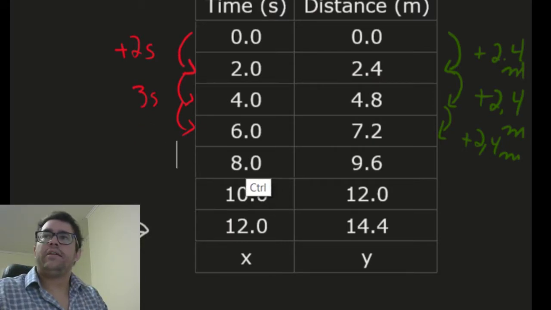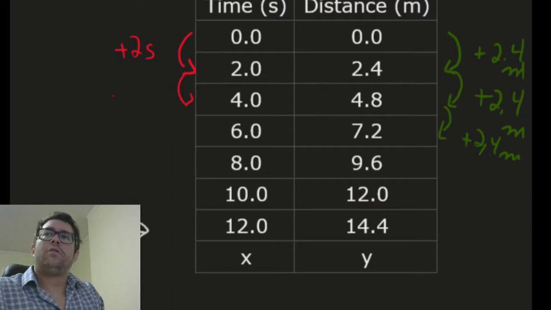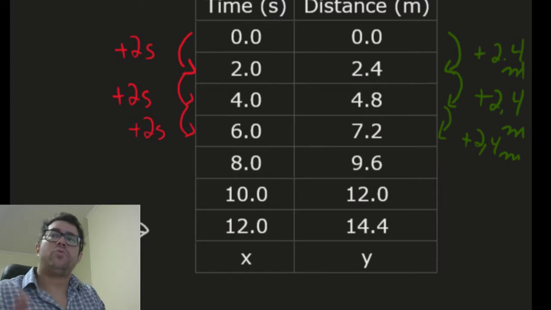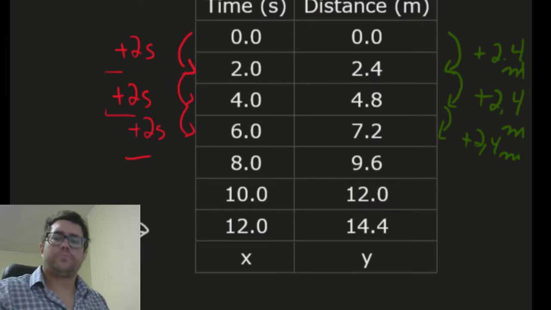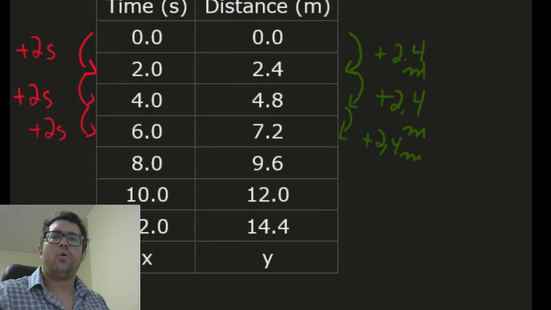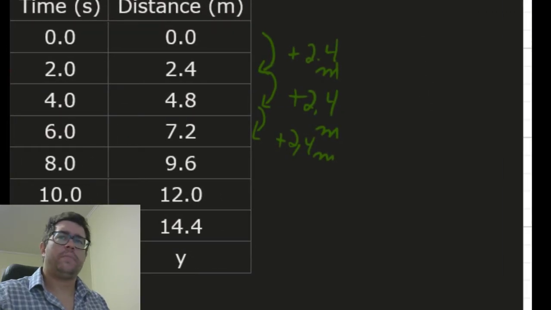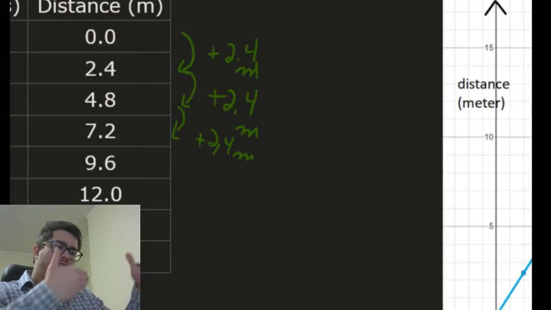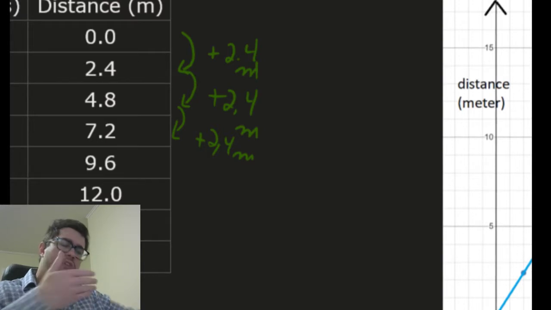But we are in a lucky scenario, or a nicely drawn out scenario, where everything takes 2 seconds. So it's even here, and it's even here too. What does that mean? That means that it's increasing its distance consistently over time. No change. What does that mean if something increases distance over time, no change? They're going at a constant speed.